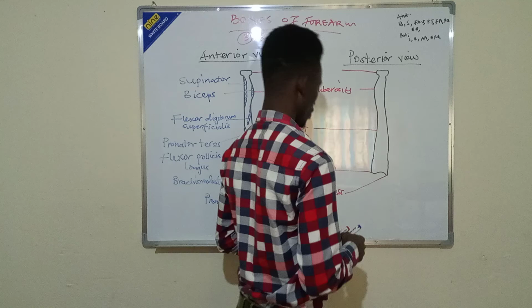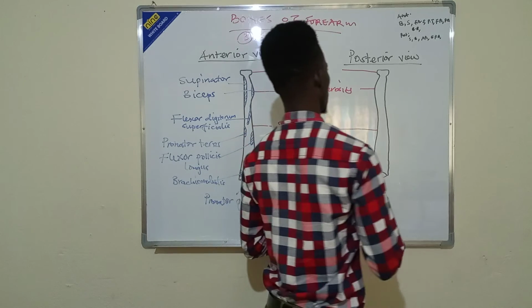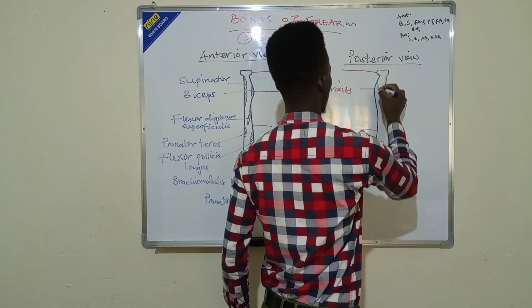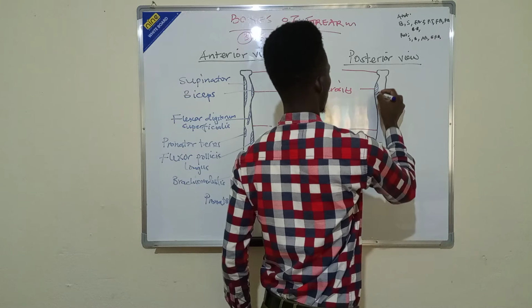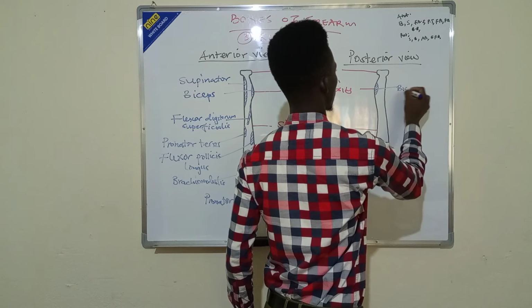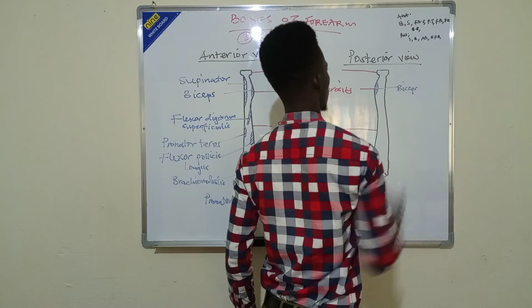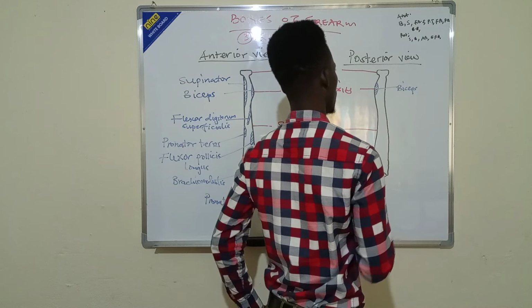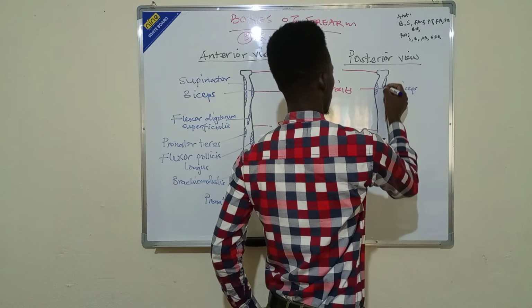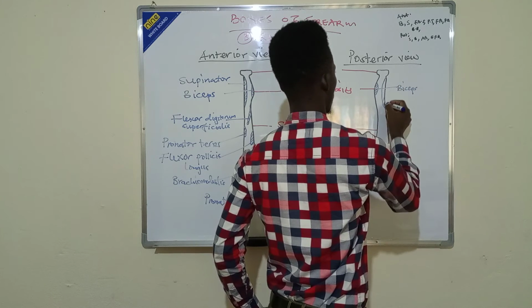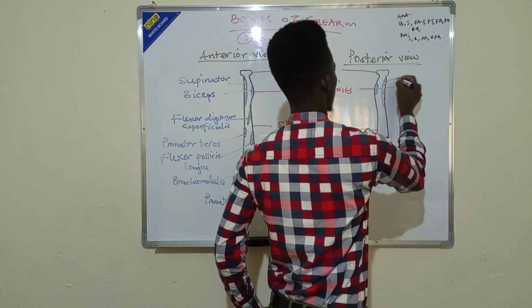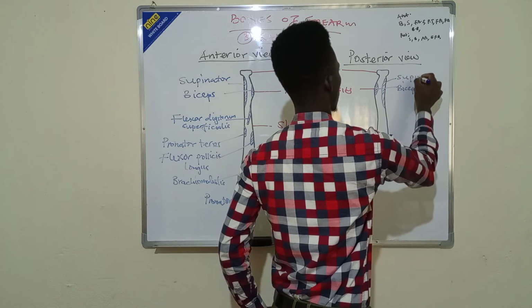Then for muscles that we can see from the posterior aspect, still we can see our biceps. The biceps brachii makes its point of insertion there. Then still we can see another muscle here known as the supinator.